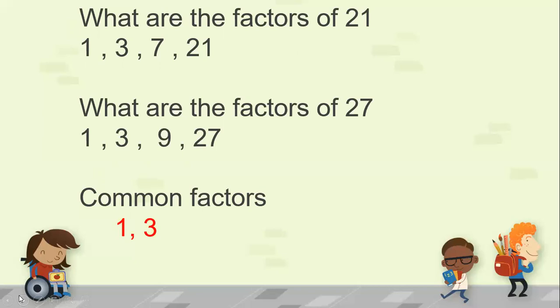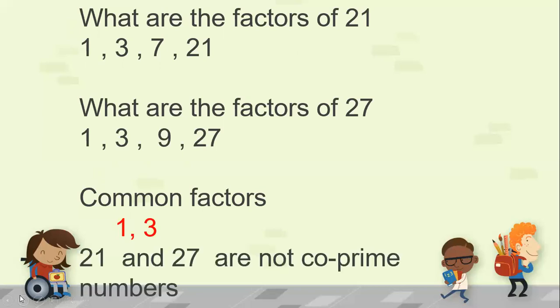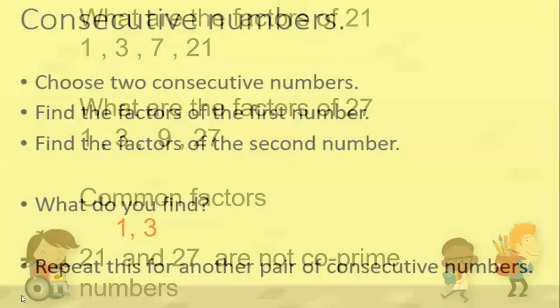So are these co-prime or not? Yes, these are not co-prime. 21 and 27 are not co-prime numbers. Why? Because both of these have common factors 1 and 3. The co-prime numbers have only 1 as their common factor.